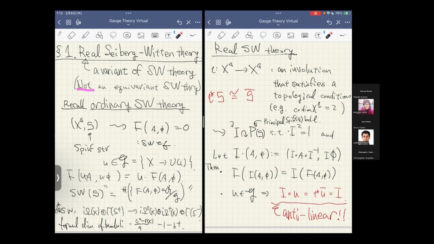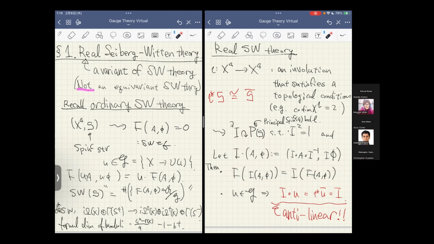If we define the action of this involution on the configuration space of the Seiberg-Witten equations as follows, then the Seiberg-Witten equation is equivariant under this involution.